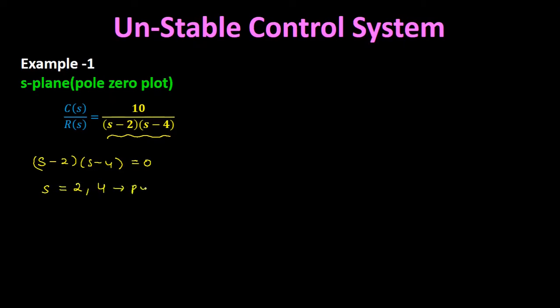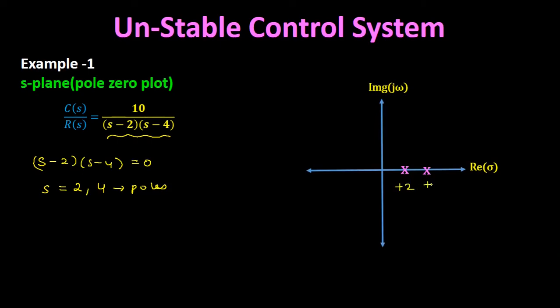So, these are the poles of this transfer function. Now, we will plot these poles on the s plane. Here s is equal to plus 2 will exist, and here s is equal to plus 4 will exist. As both poles of the transfer function, that is s is equal to plus 2 and s is equal to plus 4, exist in the right half of the s plane, this system is an unstable system.